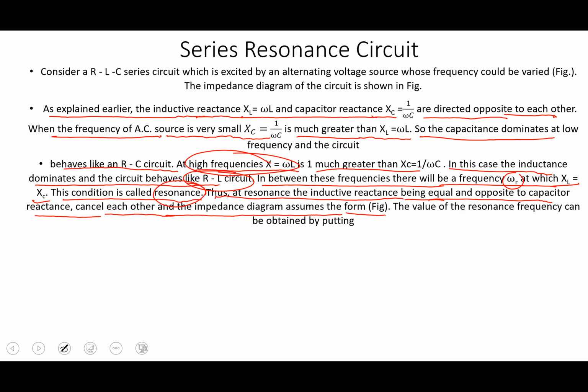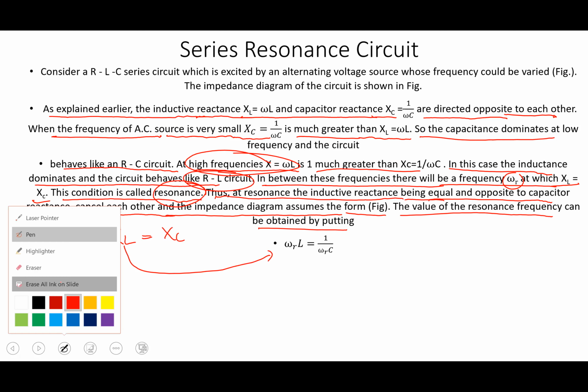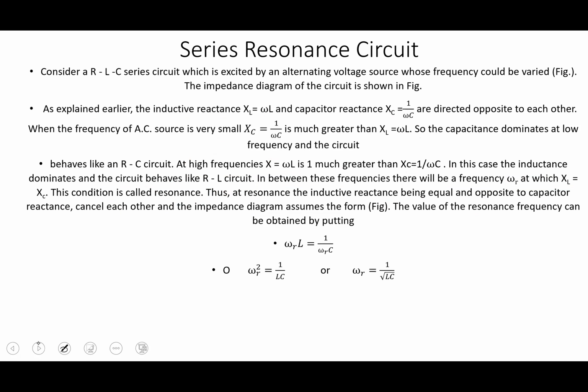As shown in the figure, the value of the resonance frequency can be obtained by putting XL equal to XC. We know XL is equal to omega L, and XC is equal to 1 over omega C. If we take omega to the other side, omega squared is equal to 1 over LC. Taking the square root on both sides, omega is equal to 1 over root LC.